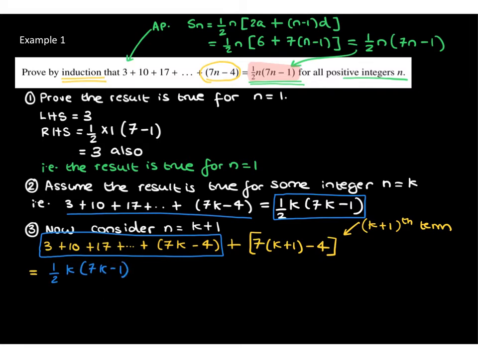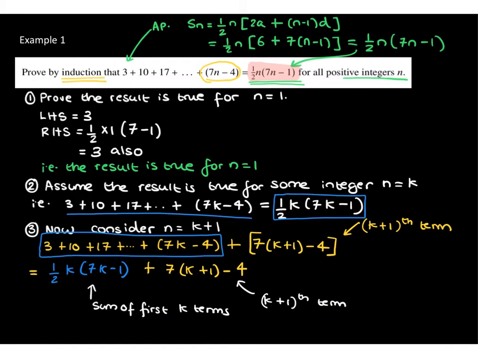So that's the sum of the first k terms. And we're adding to that the k plus 1th term, which is 7(k plus 1) minus 4. So what are we going to do now? Well, we're going to simplify what we've got and see what we can conclude about it. And we'll be continuing this on the next slide.